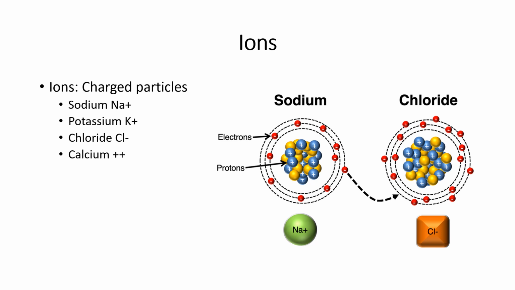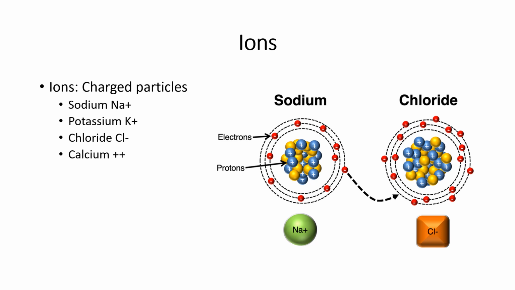Something important that we'll talk about when it comes to neurocommunication and the membrane of the neuron cell is ions. Ions are charged particles, and the most important ones we're going to be talking about, at least for the first half of our book, are sodium, potassium, chloride, and calcium. Sodium and potassium have a little plus next to them, which means they are positively charged ions.